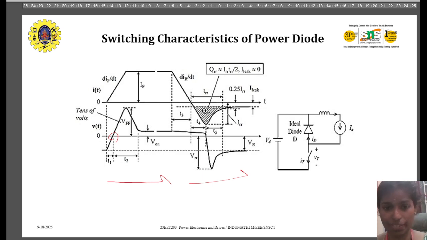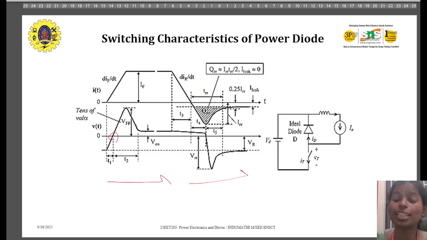That we'll call the reverse transition time. And reverse recovery time is the sum of storage time and transition time. So normally, the reverse recovery time is the time taken from the conducting state to the non-conducting state. So that's called reverse recovery time.